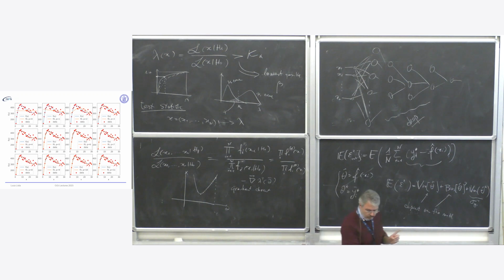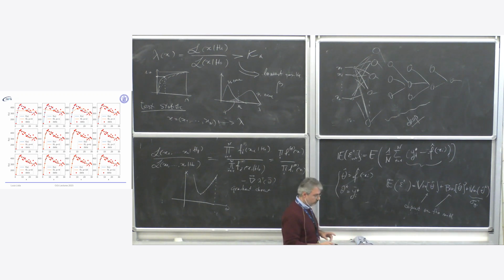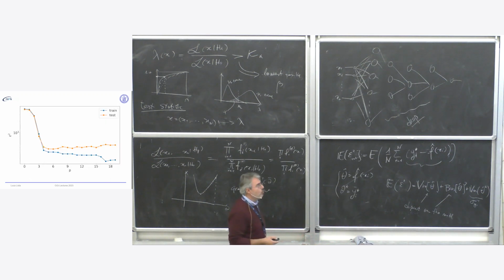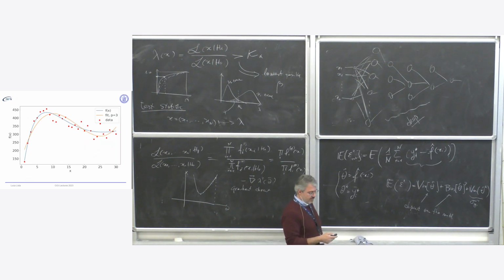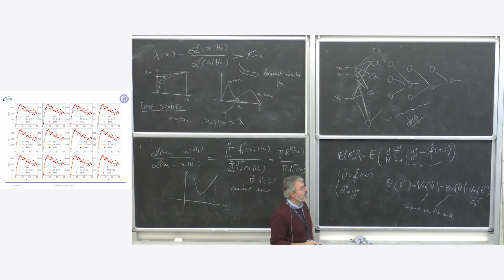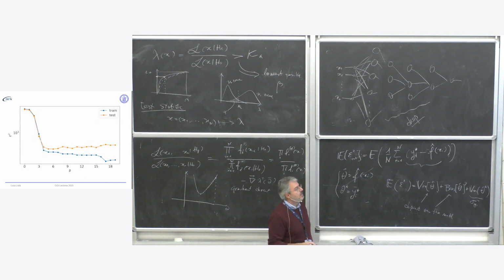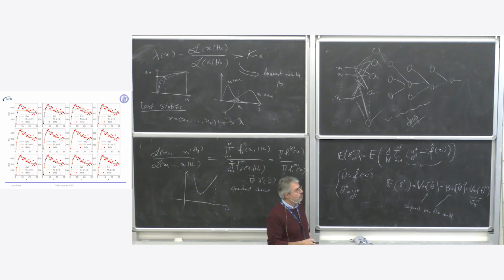So let's look at two things. First of all, we have two kinds of estimates of this epsilon square, okay? If I take the test sample, which is this one, I measure the difference between the points and the fit, which I do with the same points.